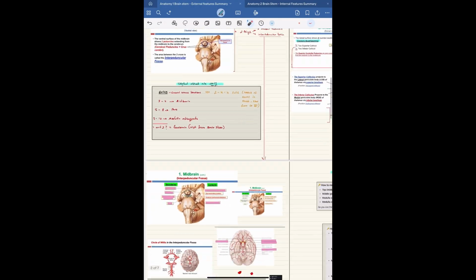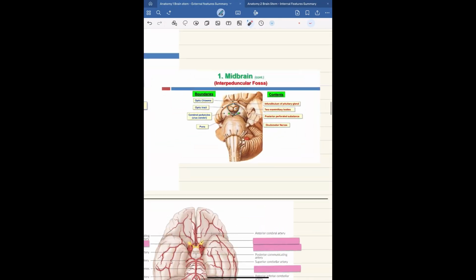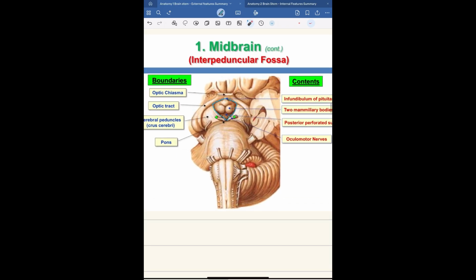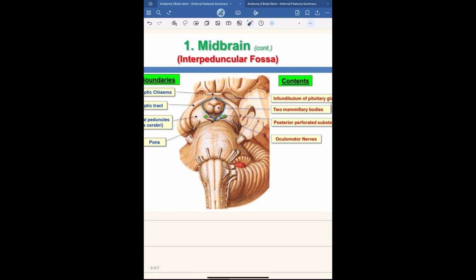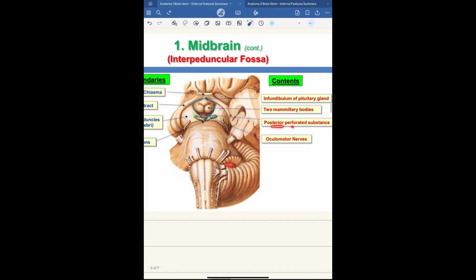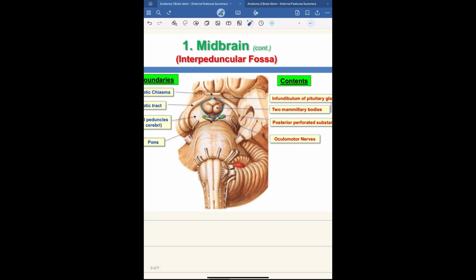Let me go to the slides so that I show it to you. Here it is. Here you will see the most superior structure again from inside the fossa. You'll see the infundibulum. If you go down a bit, you will see the two mammillary bodies, and from within downwards you will see the posterior perforated substance. And with that we have got the general idea.